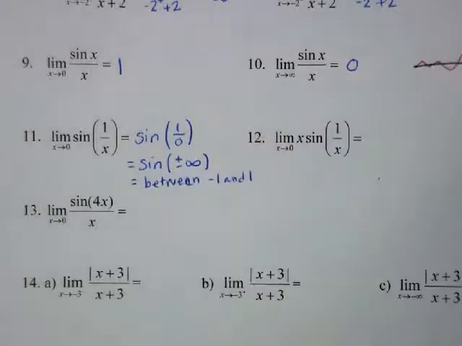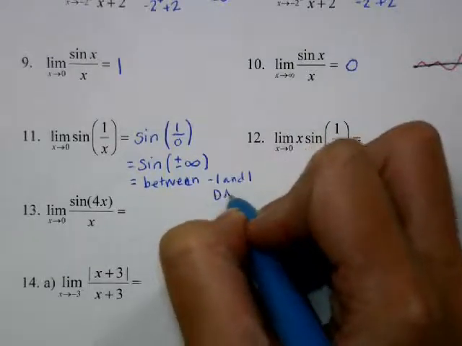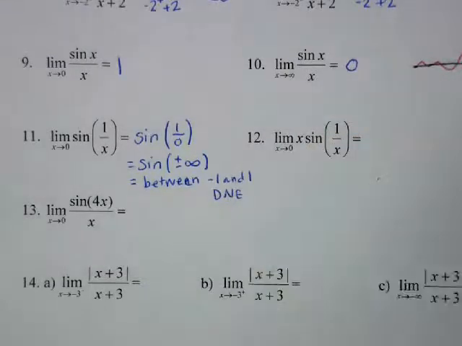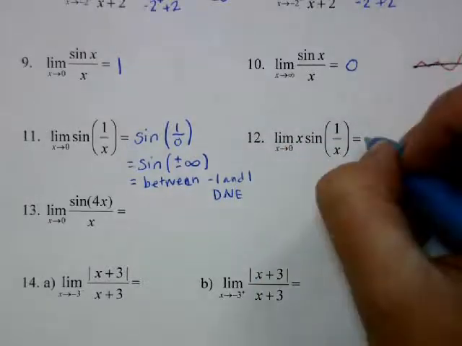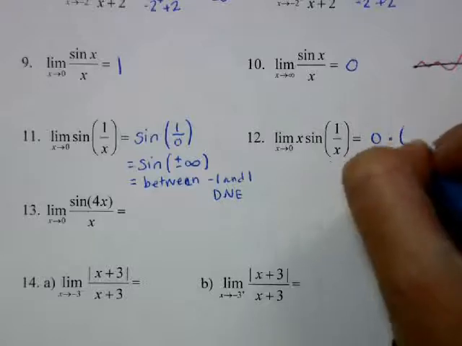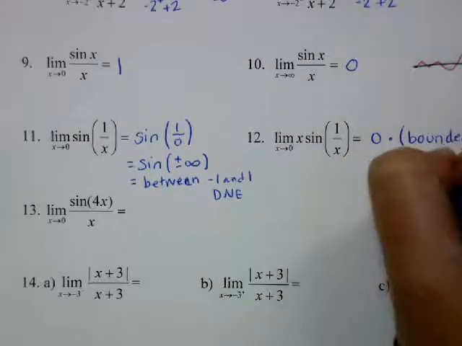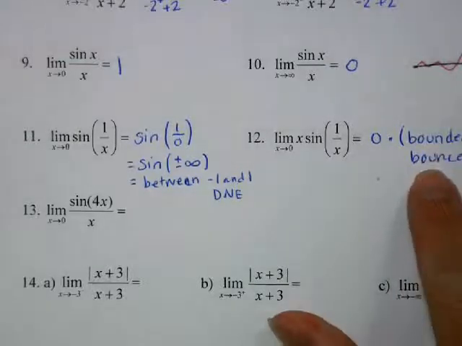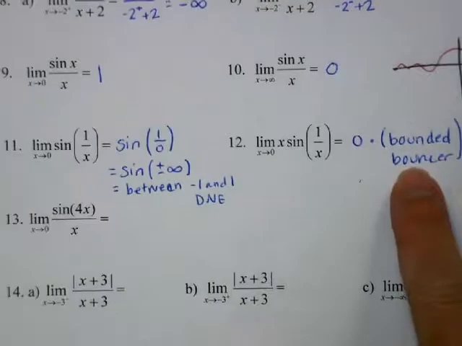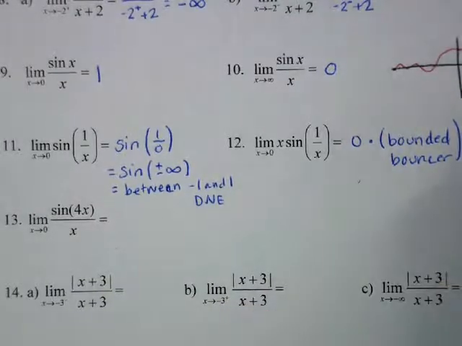Okay, or what we call a bounded bouncer. But because it's not approaching one thing, this limit does not exist. However, if we plug it in here, we're going to have 0 times something that is limited. Okay, it will be between negative 1 and 1. It's not going to be bigger and it's not going to be less. So if I'm multiplying by 0, that will be 0.